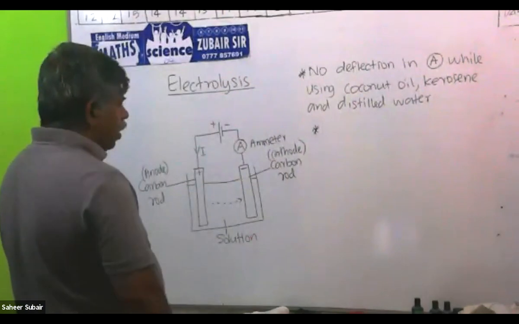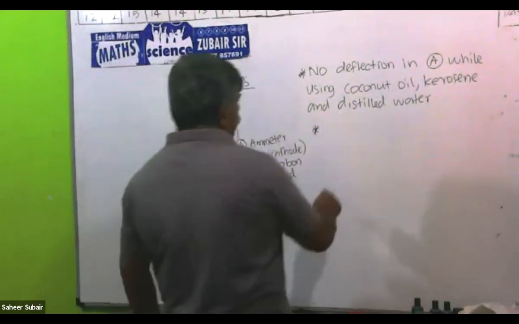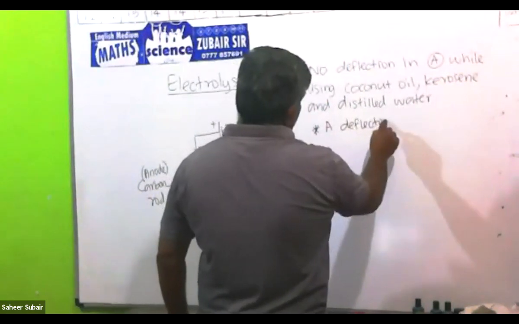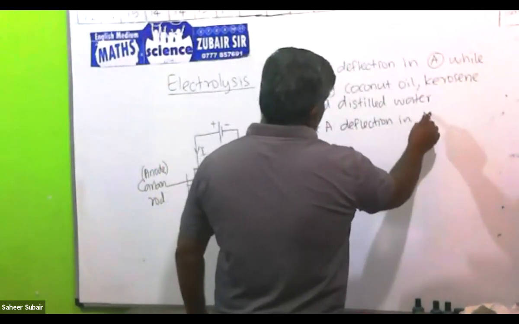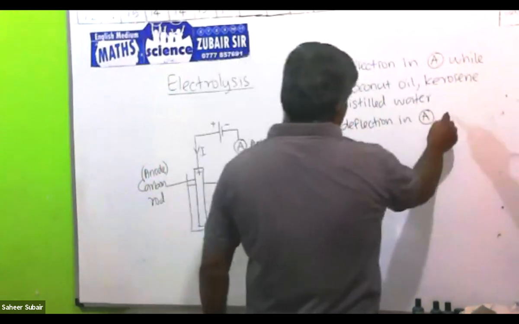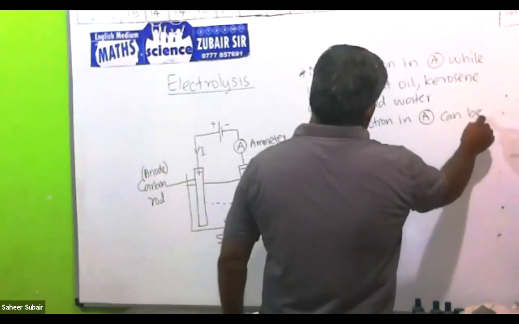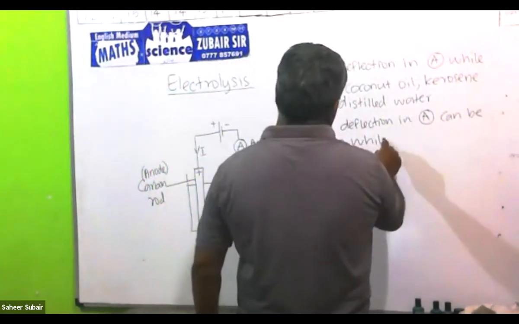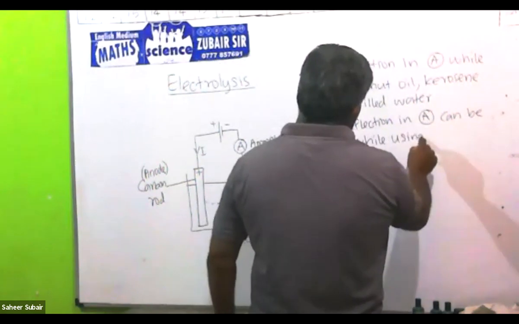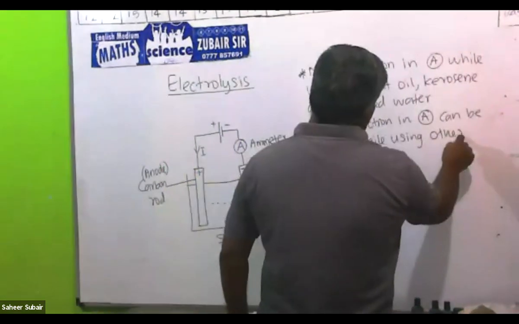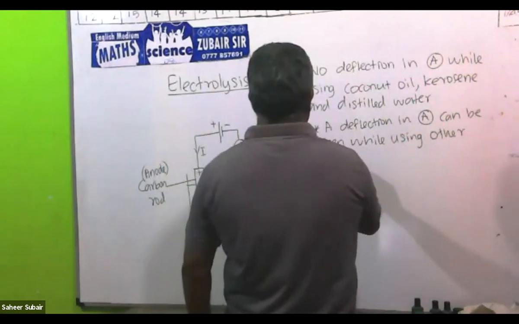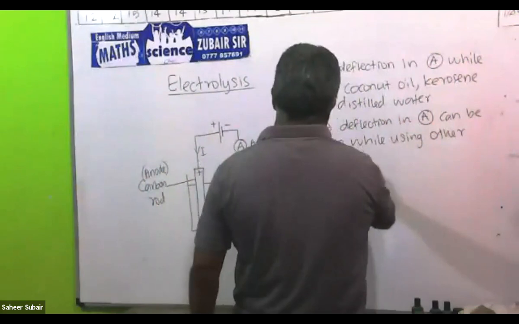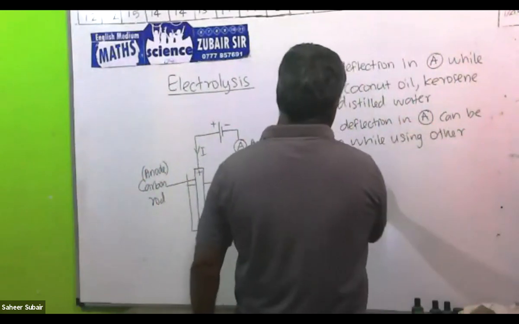The next 2 lines you can write: A deflection in ammeter can be seen while using other solutions.